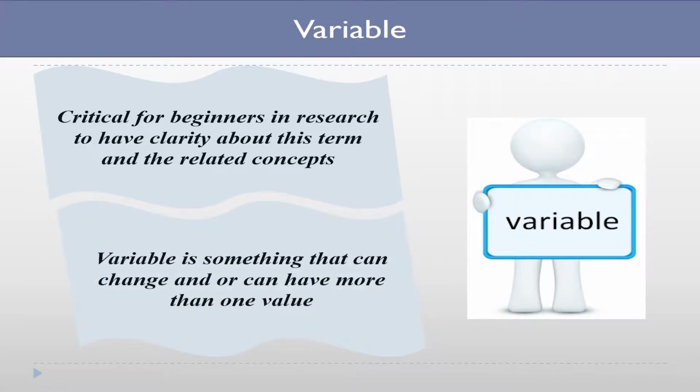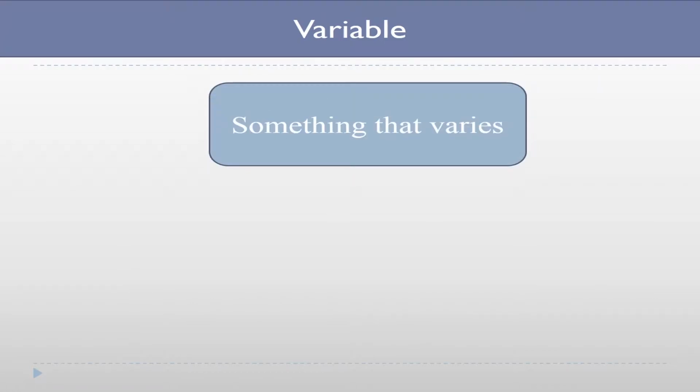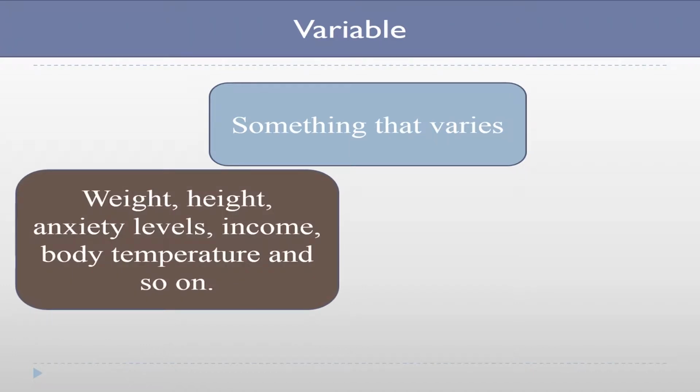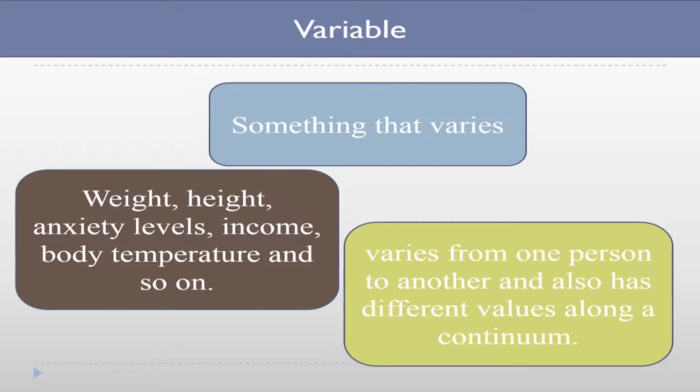Variable, to put in layman's statement, is something that can change or can have more than one value. Let's now discuss the meaning of the term variable. A variable, as the name implies, is something that varies. It may be weight, height, anxiety levels, income, body temperature, and so on. Each of these properties varies from one person to another and also has different values along a continuum.